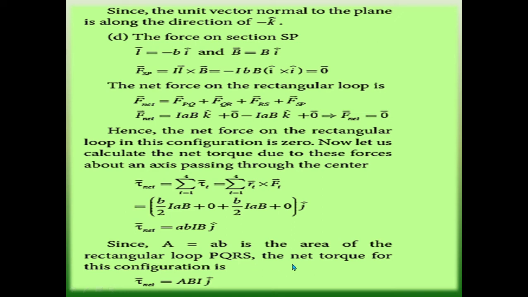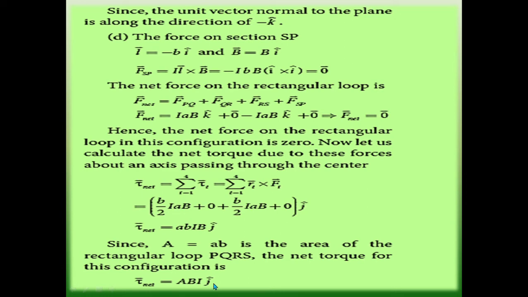The net torque for this configuration is the net torque tau vector equals I A B j cap.